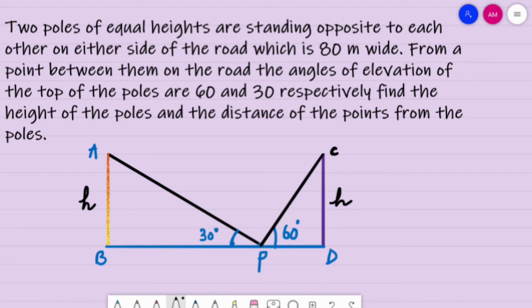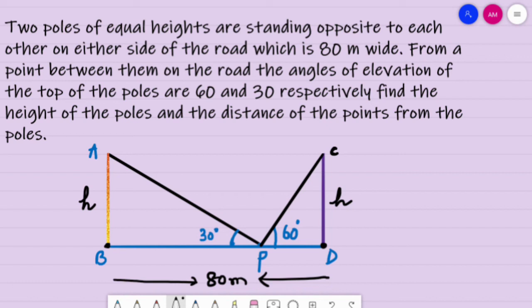Both of them have the same height. One is standing at B and one is standing at D, and both of them are on opposite sides of a road, and this road is 80 meters wide. That means BD is 80 meters. Okay, BD is your 80 meters.